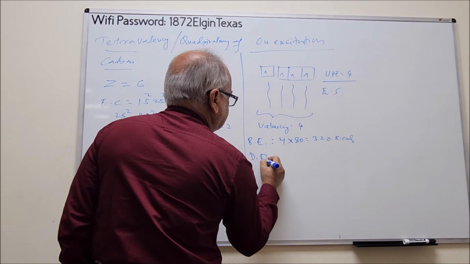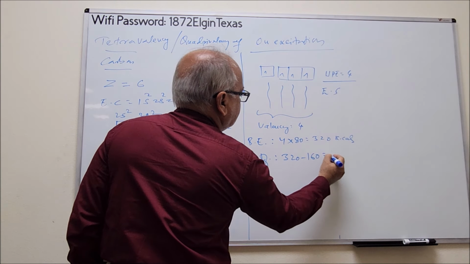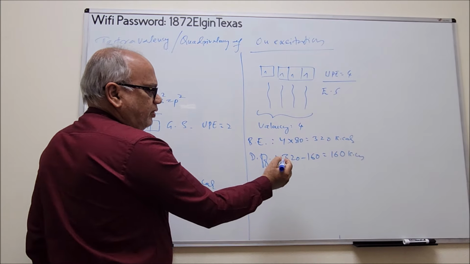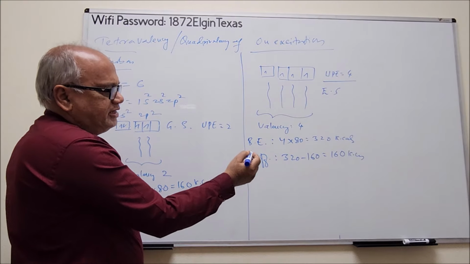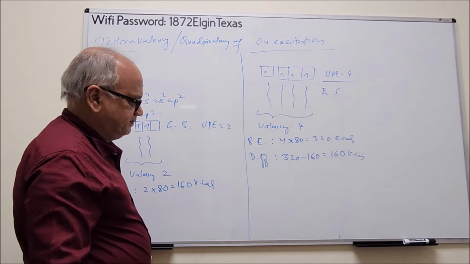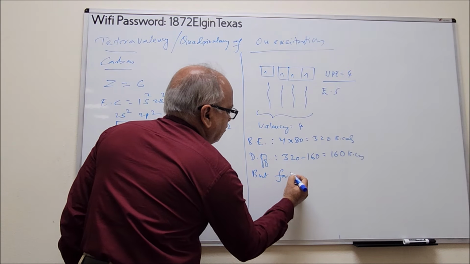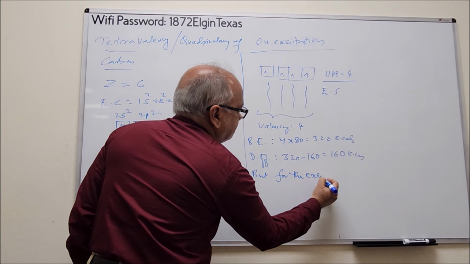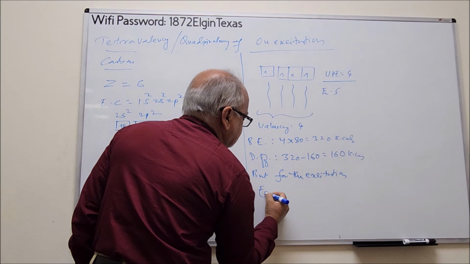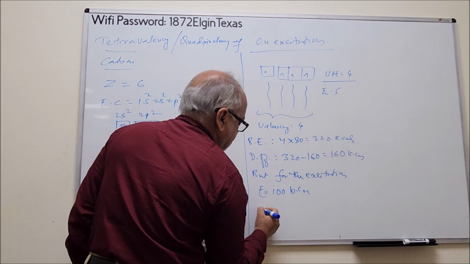And the difference is 320 minus 160 is equal to 160 kilocalories. Now additionally, carbon is able to release 160 kilocalories of energy. But for the excitation, energy required is 100 kilocalories.